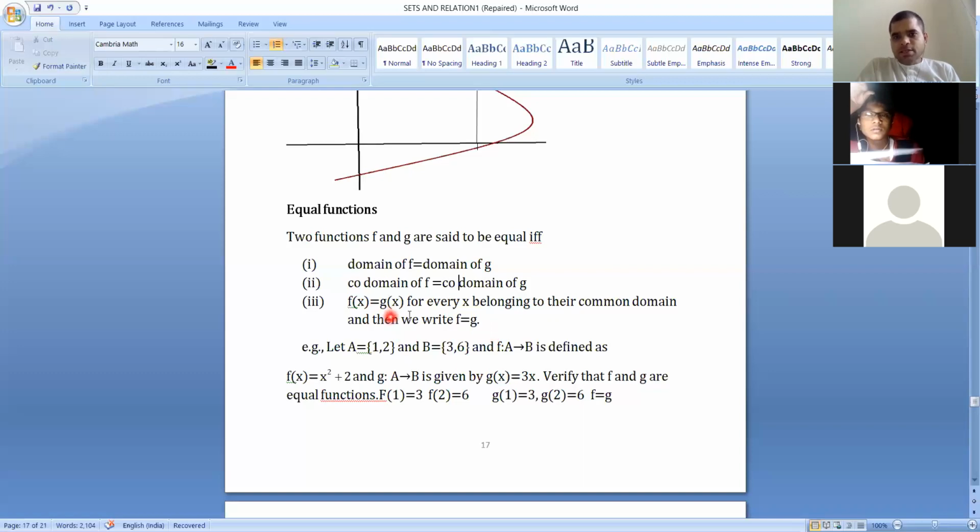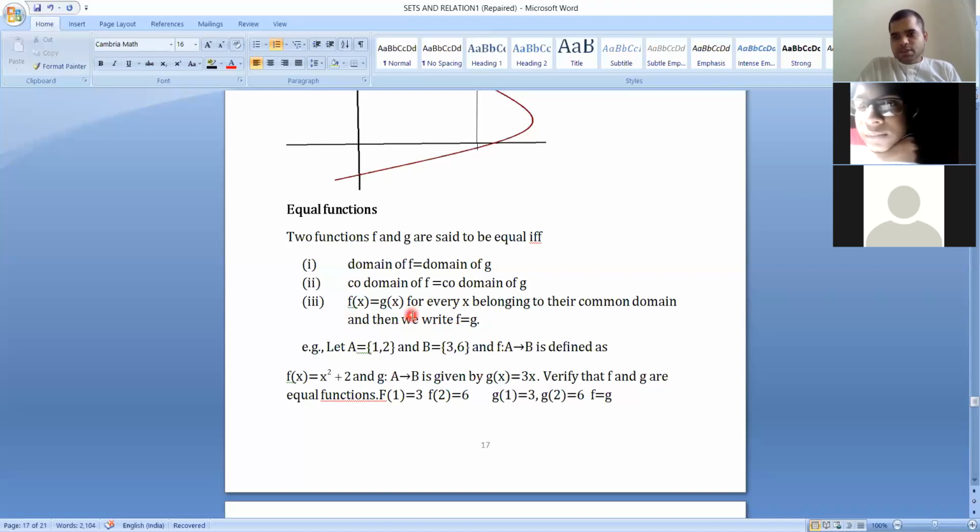It means that if you take any element in the domain, set A, of f and g, their values should be equal. Let's say if x is equal to 1, then f1 should be equal to g1, and if x is equal to 2, then f2 should be equal to g2.